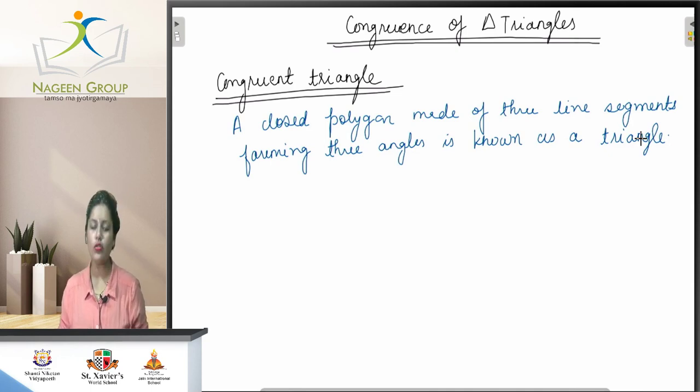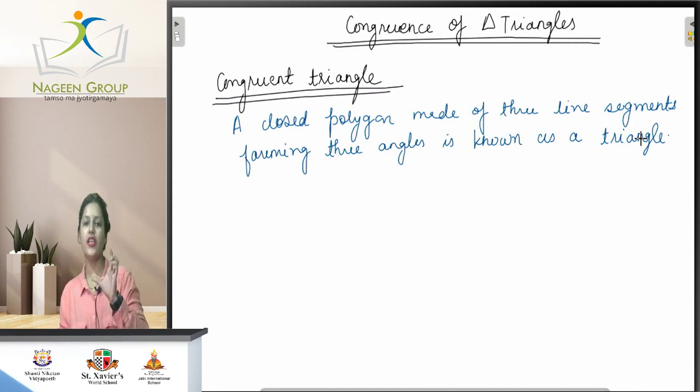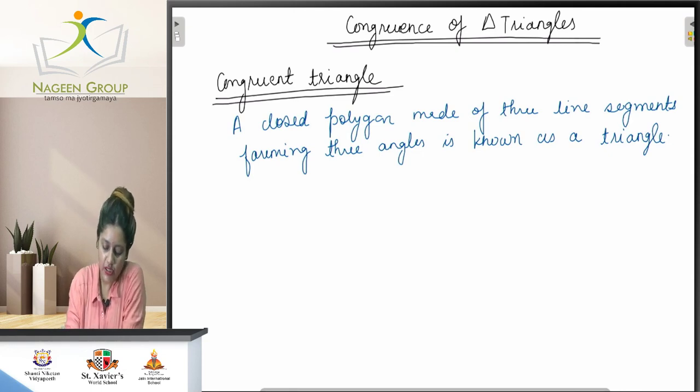Next, two triangles are said to be congruent if their sides have the same length. This definition tells us when two triangles are congruent.